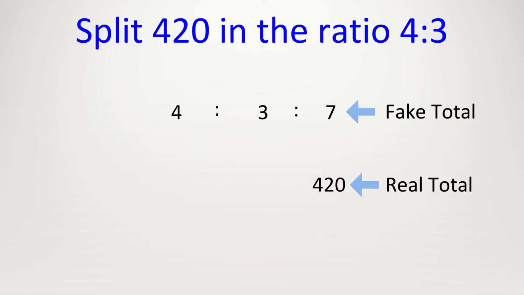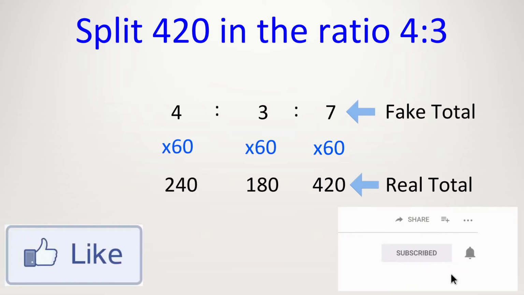Put this underneath. The next step is work out how do we go from 7 to 420. This is the same as going from 7 to 42, which is times by 6. But because there's another 0, it's 10 times as big, so it's timesing by 60. So you do 4 times 60 and 3 times 60 to get 240 and 180.